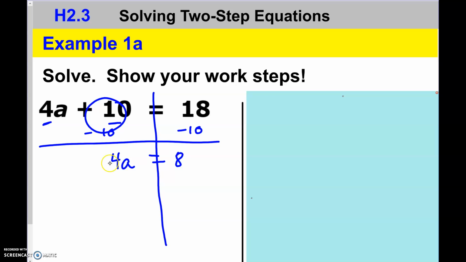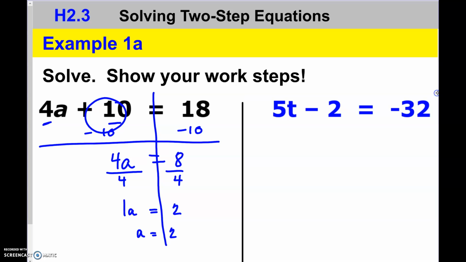Now we're left with 4 times a equals 8, so the opposite of times is divide. So we're going to divide both sides by 4. And we get 1a equals 2. Well, we know that mathematicians don't usually put that coefficient of 1 in front, so normally we're just going to write this as a equals 2.